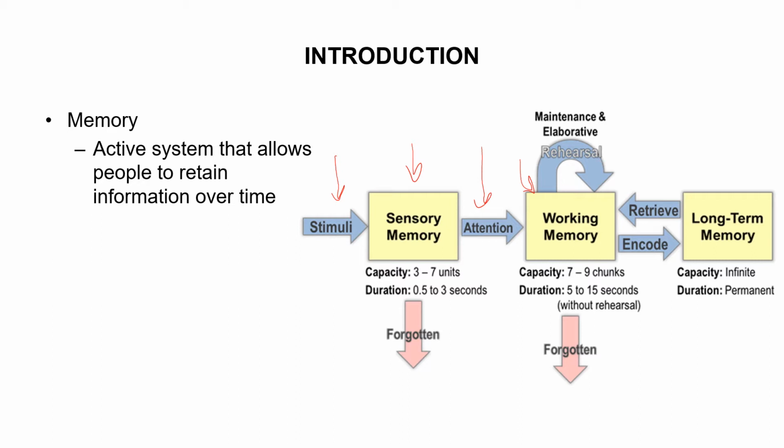That has a limited capacity as well, about 7 chunks of information, and its duration is fairly limited, 5 seconds, up until, as long as you keep rehearsing something, and that's what you see at the top. Rehearsal, if you keep rehearsing it, as in you keep thinking about it, then it'll stay in your short-term memory longer. As long as you keep thinking about it, it can stay in your short-term memory.